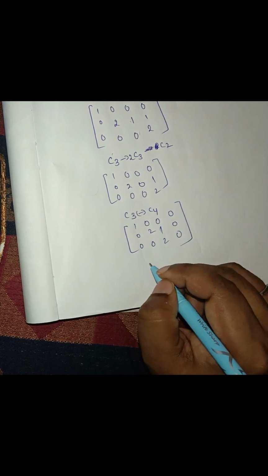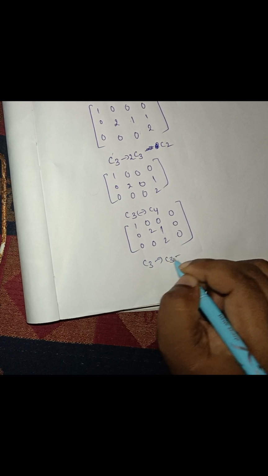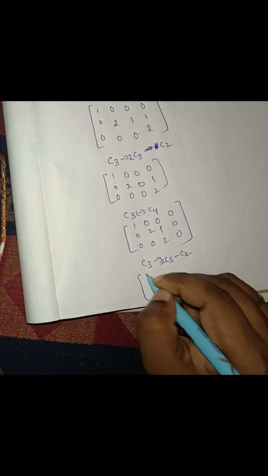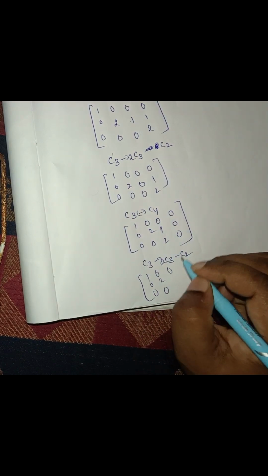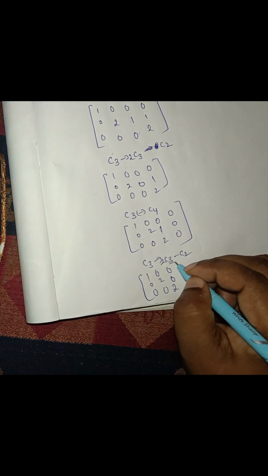Now I'll make this as 0. So C4 tends to C4 minus 2C3 minus C2 again. So 1 0 0 0, 2 0 0 1 0 0. 2 ones are 2 minus 2, 0. 2 minus 0, 2.